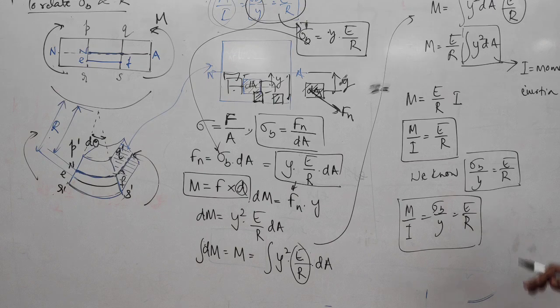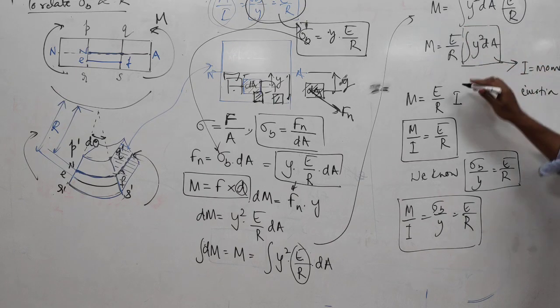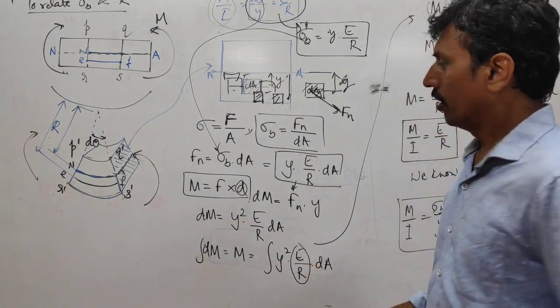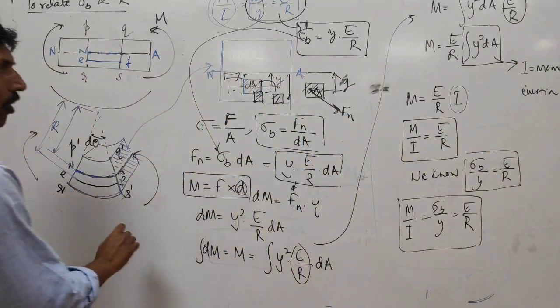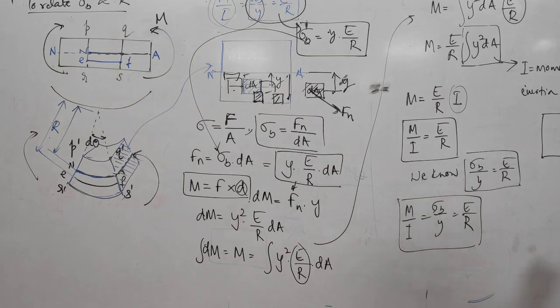Guys, basically you may be wondering why I actually made this into I. So I is actually integral of y square dA. So that actually depends on the shape of the beam, whether this beam is a rectangular beam. And if you do integral of y square dA for this rectangular beam, you get I is equal to b d cubed by 12.